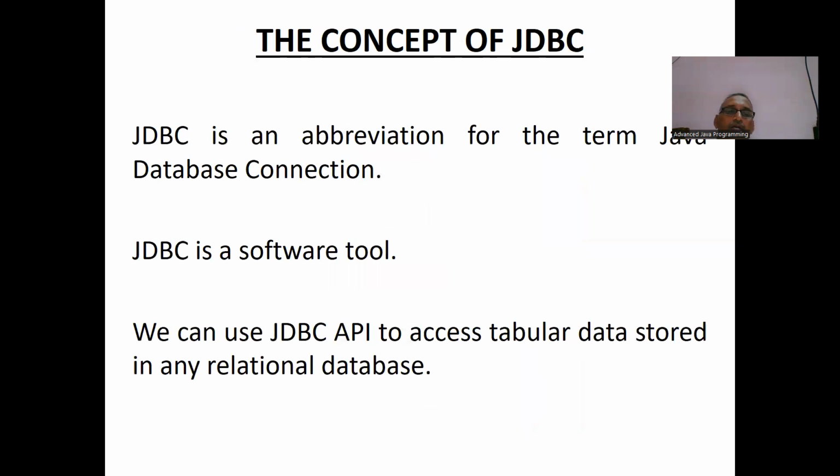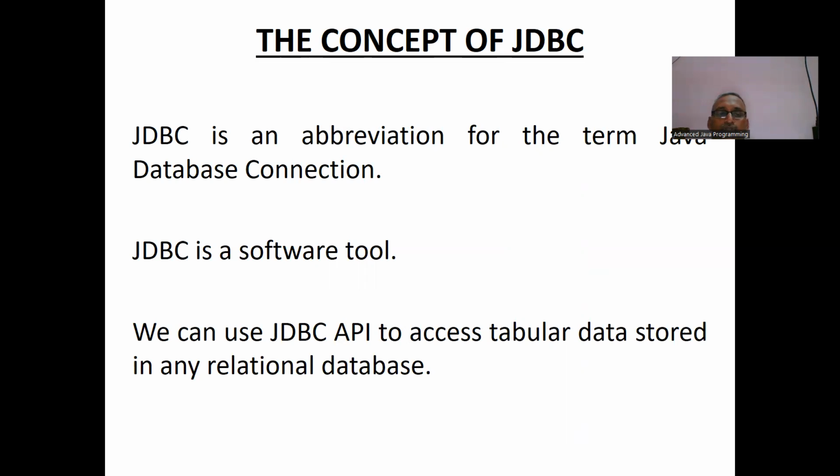Next one, the concept of JDBC. JDBC is an abbreviation for the term Java Database Connectivity. JDBC is a software tool, also known as an application programming interface, that establishes a connection between a standard database and Java applications that intend to use that database.